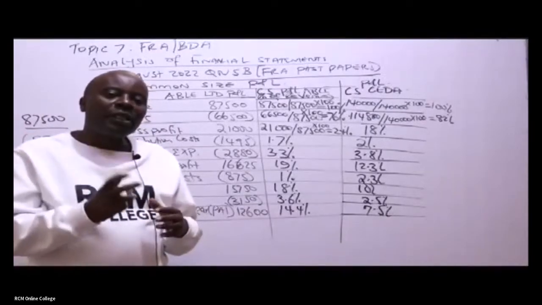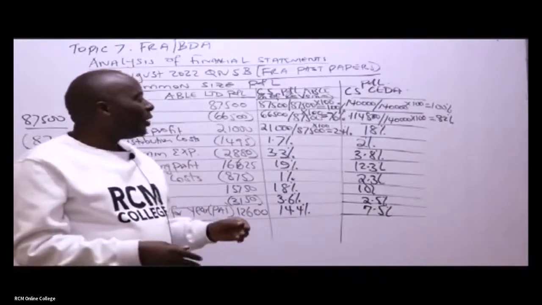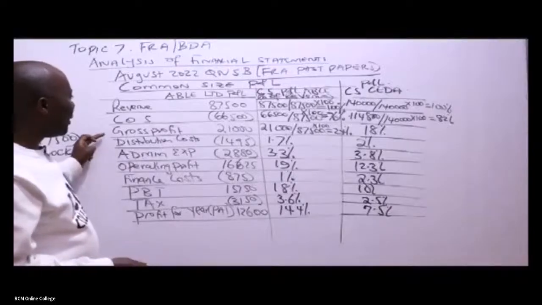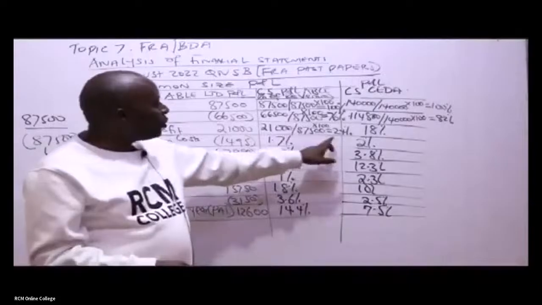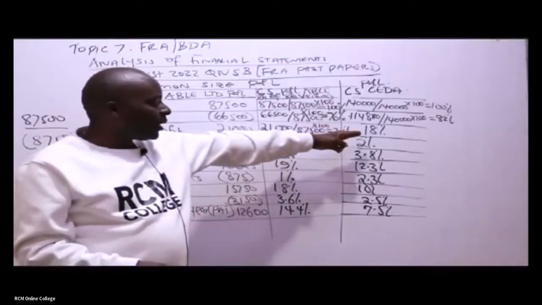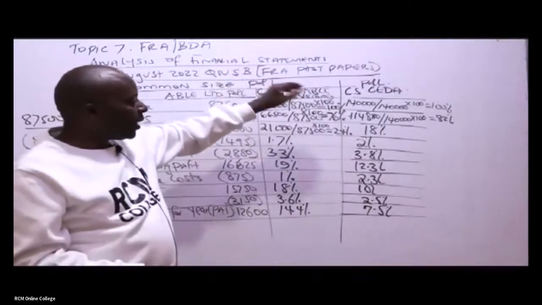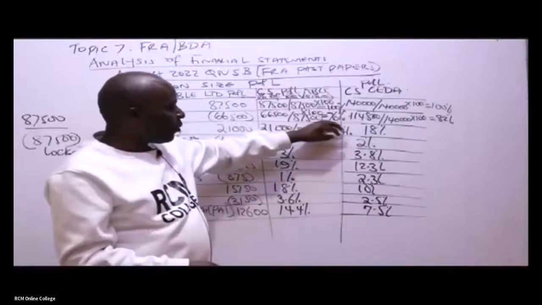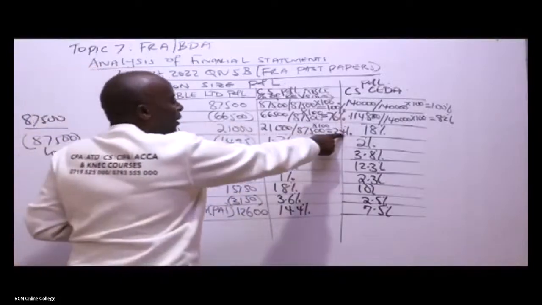So whenever you are told to advise potential shareholders, always look at the gross profit margin. Able has a higher one, 24%, while the other is 18%. It doesn't matter how high the sales are; we're only interested in the profits. So in terms of gross profit percentage, Able is better.